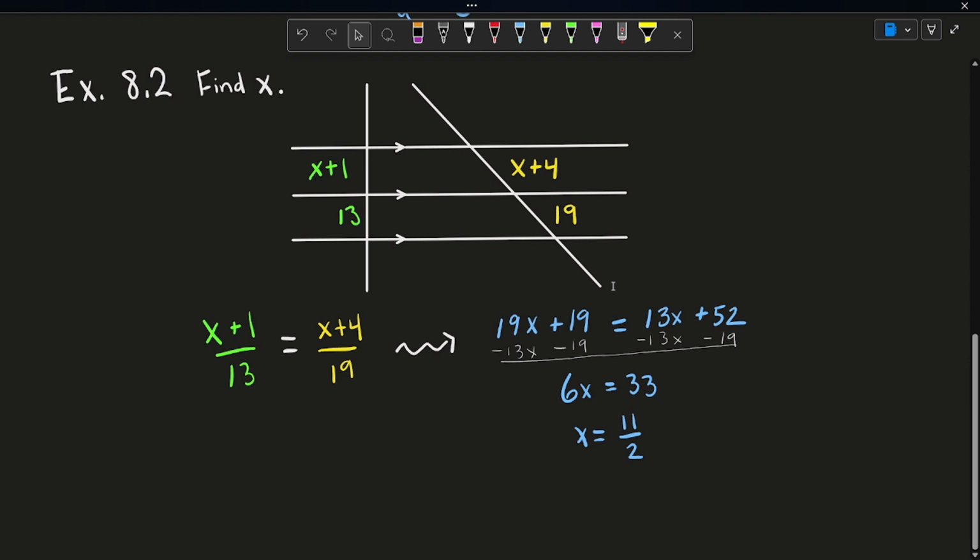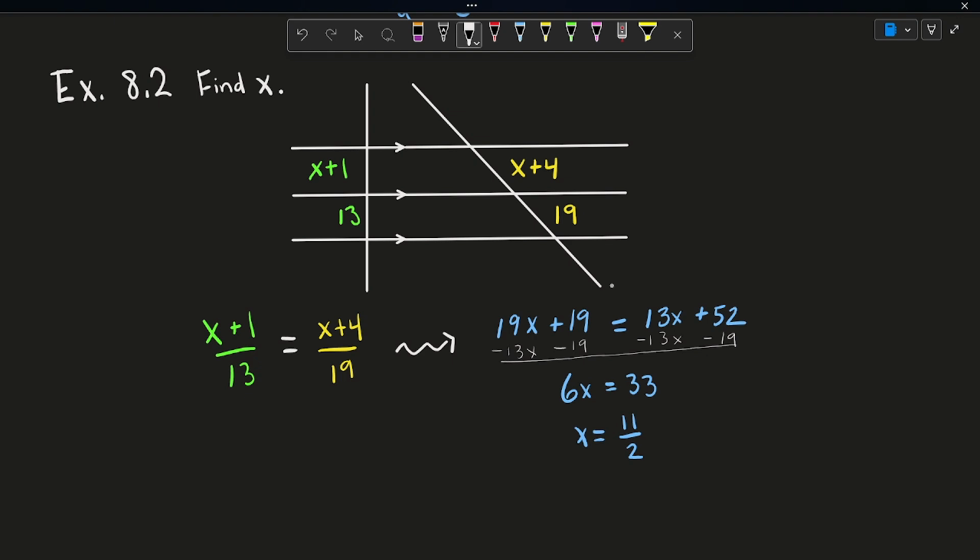Now we have example 8.2 where they tell you to find X. There are your parallel lines. You've got a couple of them, they're cutting here and there. And you just simply set this up in the equation: x plus 1 over 13 will be equal, proportionally, to x plus 4 over 19.